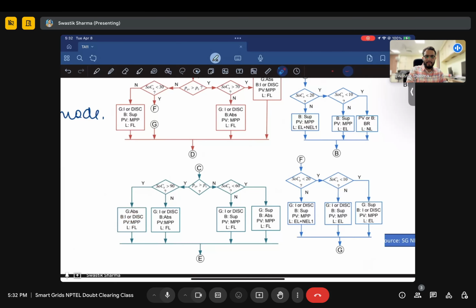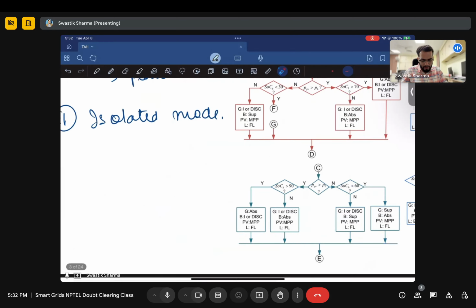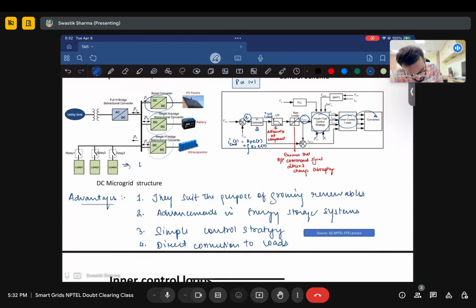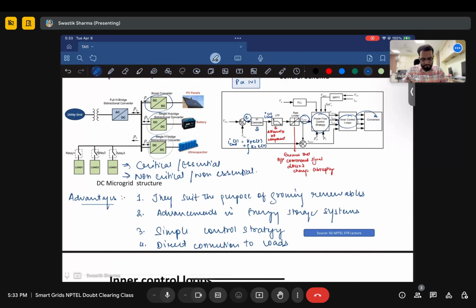Your PV operates at MPP, and your load, you keep it as full load. So I forgot mentioning, but the loads are divided into two categories: either essential or critical load, or non-critical or non-essential load, right?